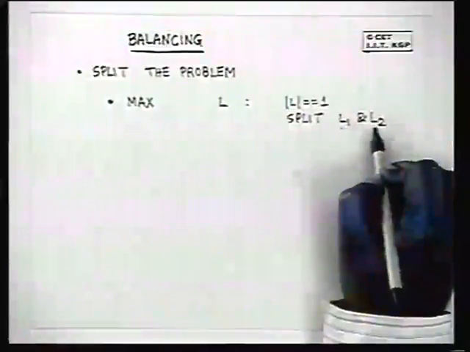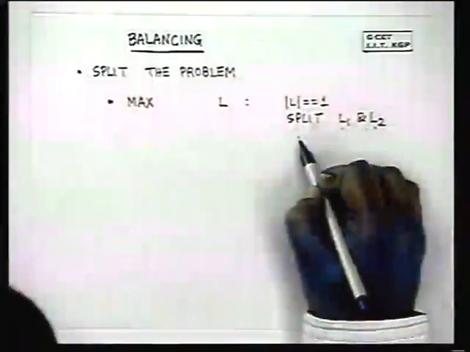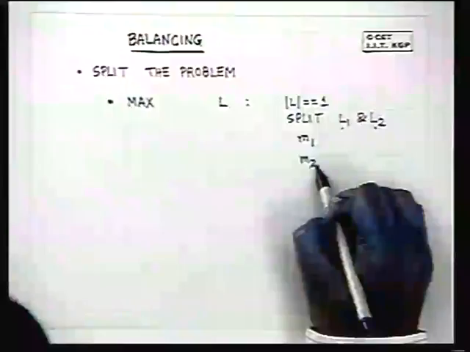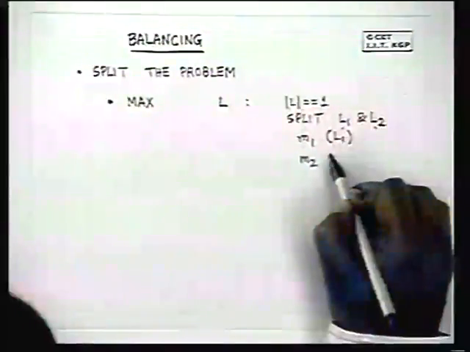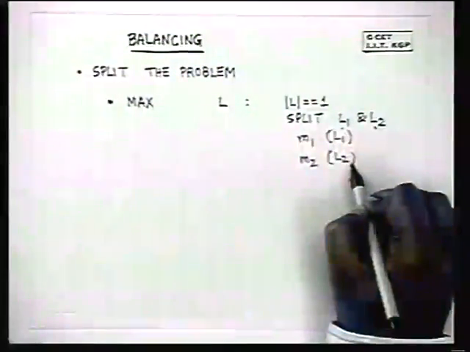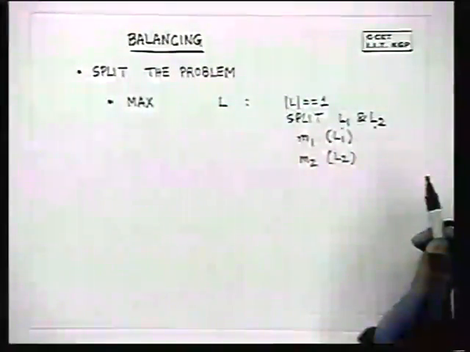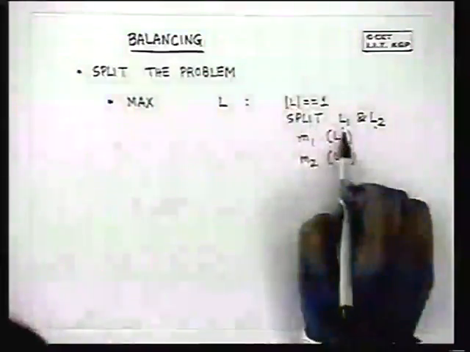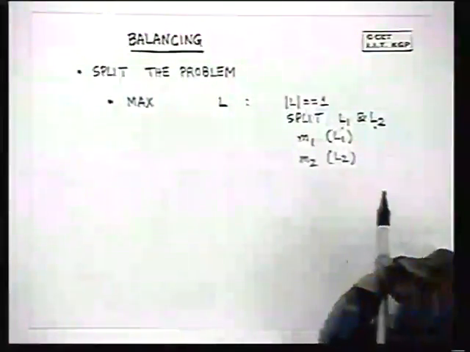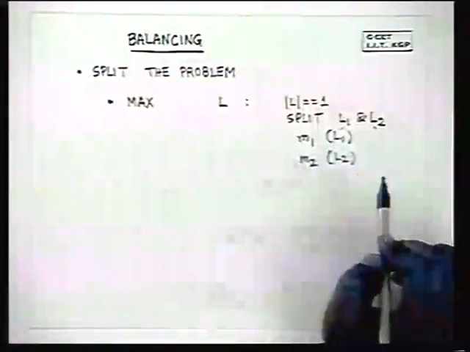After you solve these two recursively you get M1 from L1 and M2 from L2, and then you compare these two and get the final solution. So where will we split? Will we split in the middle? Will we split left? Will we split right?